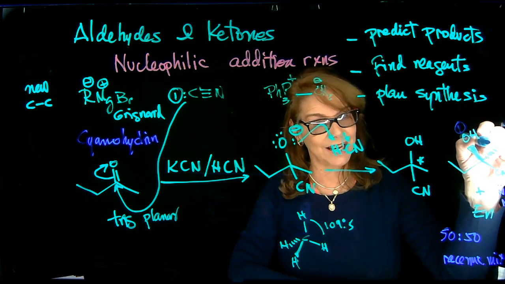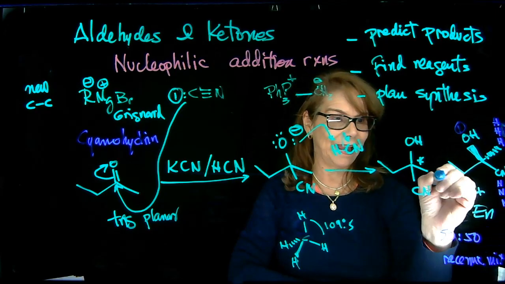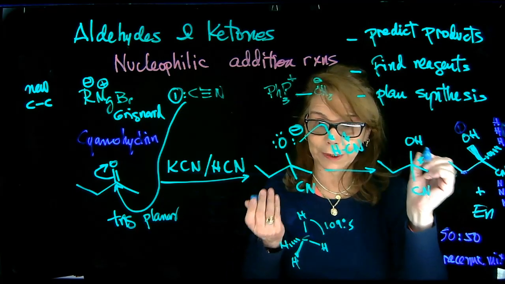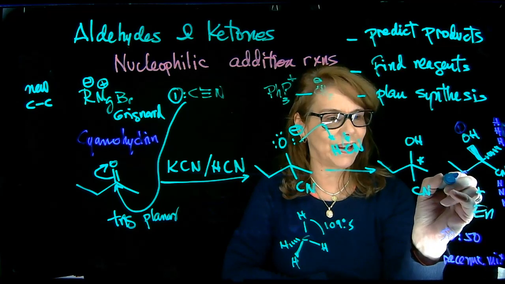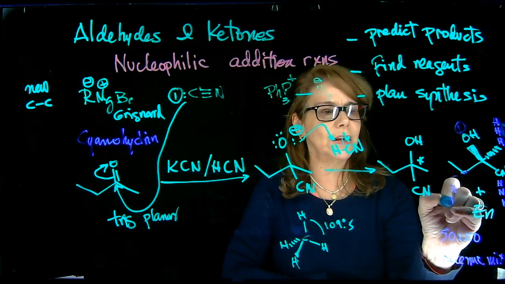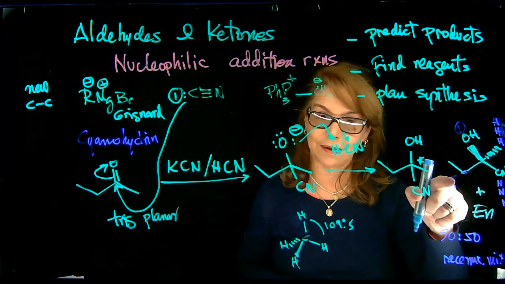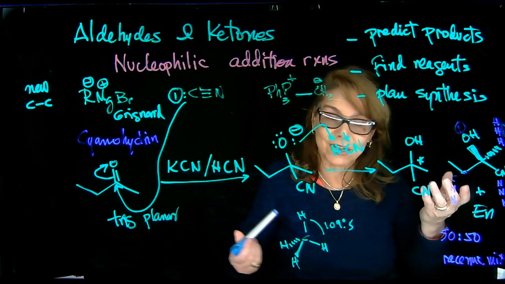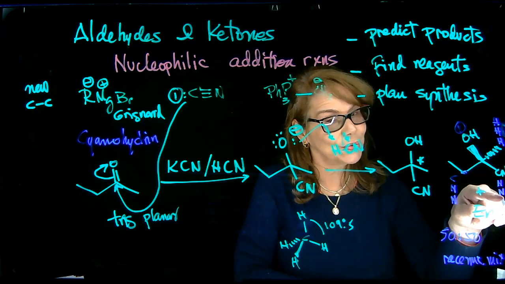This carbon is attached to three H's, so I'm going to draw H, H, H. This carbon over here is bonded to another carbon and two H's. To assign priorities, since the first atom is the same, carbon, carbon, and carbon, I look at what's attached to it. I have higher priority here because it's attached to three nitrogens.